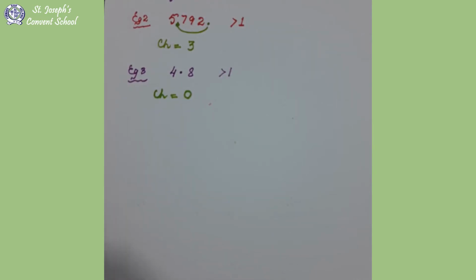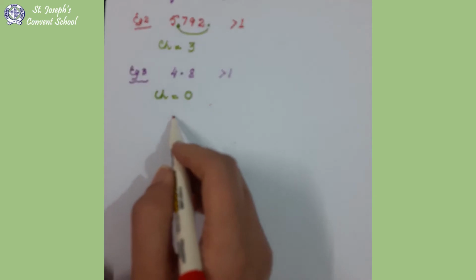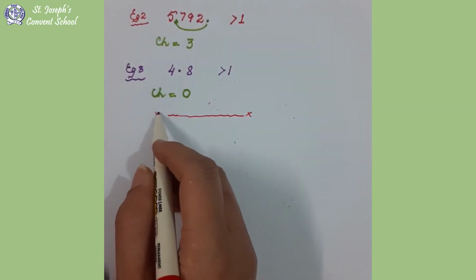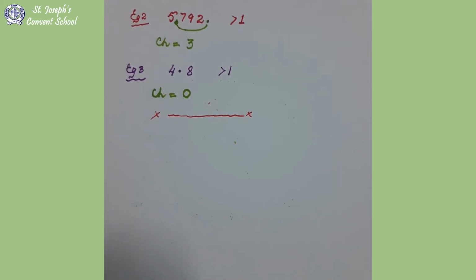Now I am going to give you the example of negative characteristic. So when the number is greater than 1, the characteristic is positive. Now if the number is less than 1, this we have completed, positive one. Let's do the negative one. When the characteristic is negative, how to find the characteristic?